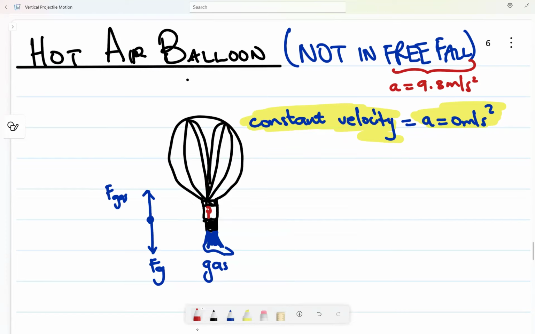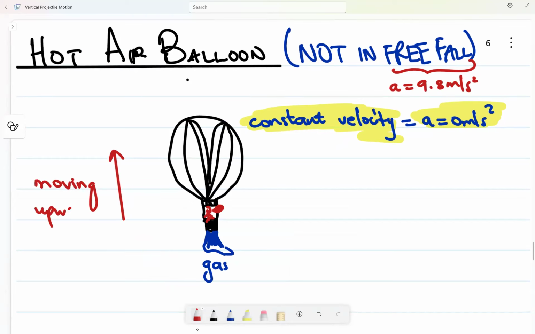So maybe they might say, okay, here's the person holding a ball. Then remember, it is moving upwards. What's moving upwards? It is now the hot air balloon. Listen to me very carefully.